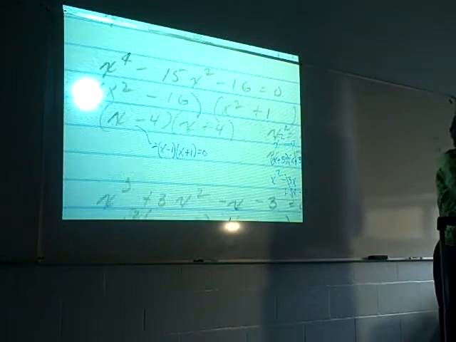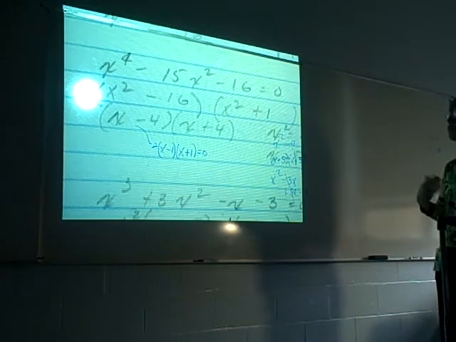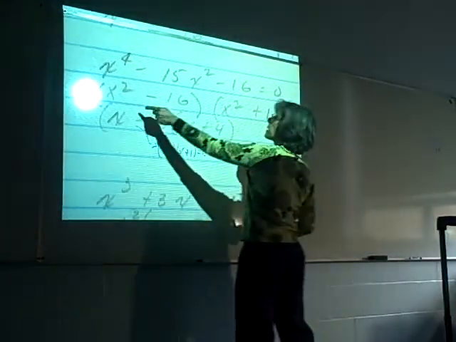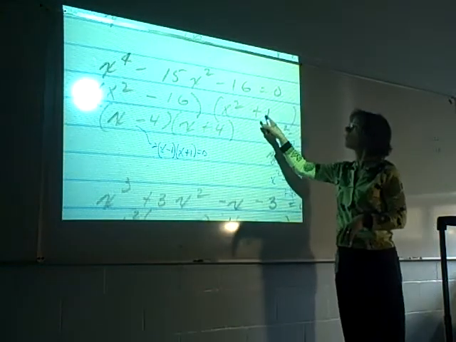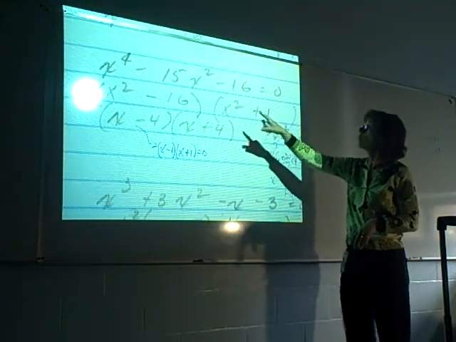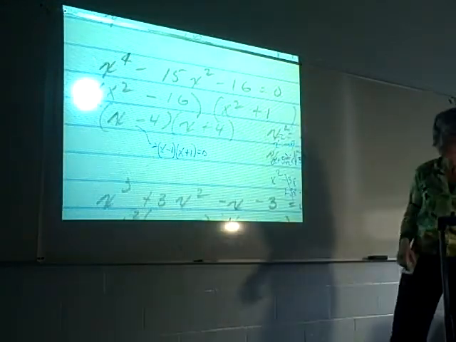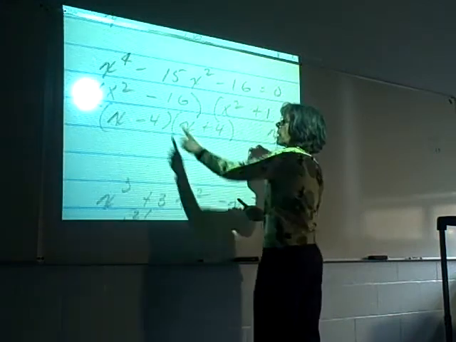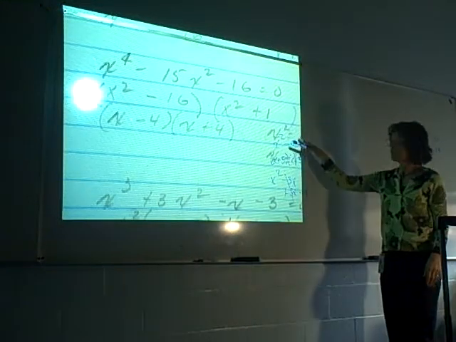I remember we did worksheets of these, and I had you churn through them. And so I know that I would have x squared minus 16 and x squared plus 1 would give me a negative 15x. And so I have x minus 4, x plus 4.